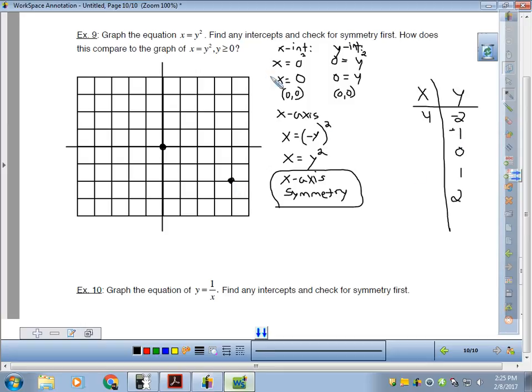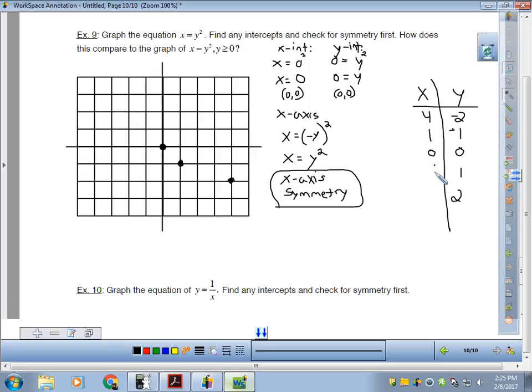We take negative 1 and plug in. Negative 1 squared is 1. So we have 1, negative 1, which is this point right here. If we take 0 and plug in, 0 squared is 0. So we get the origin, which we already had. If we take 1 and plug in, 1 squared is 1.